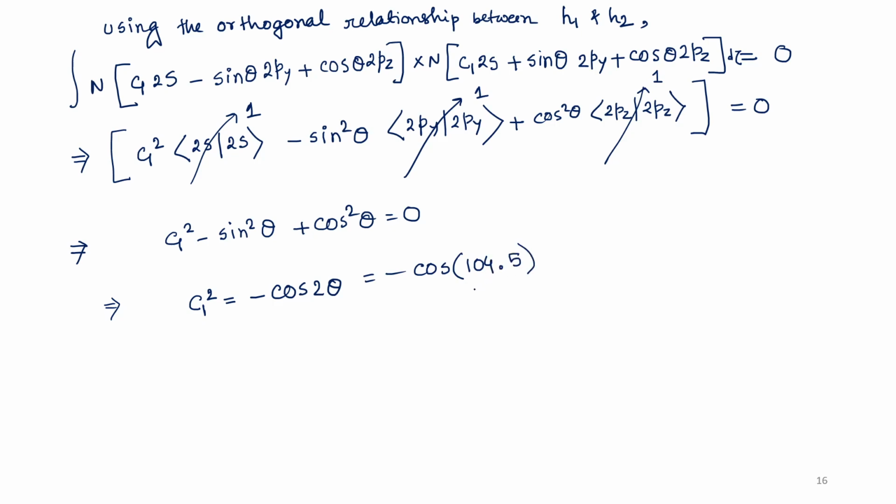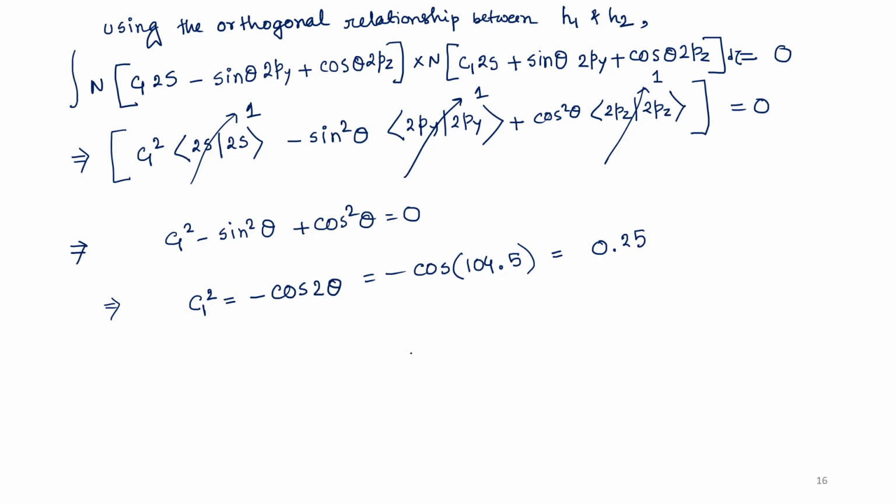So you are going to get C1 squared equal to minus cos 2 theta, which is minus cos 104.5 degrees. Don't forget this is in degrees. Let me calculate this value: it is almost 0.25, and there are some decimals, I'm not writing that part.